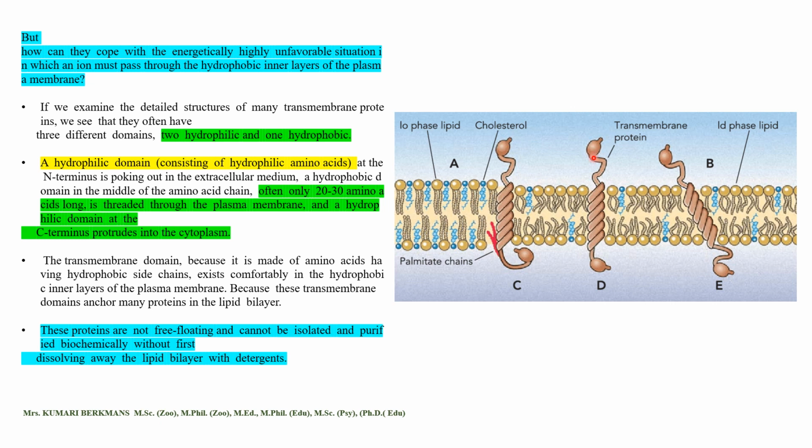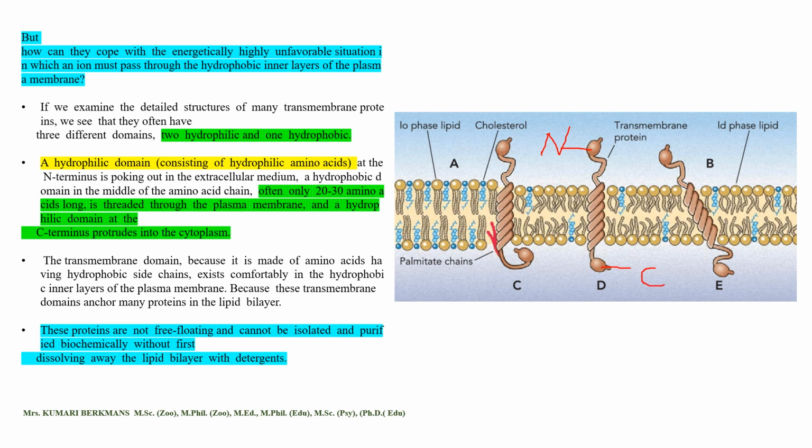A hydrophobic domain in the middle of the amino acid chain, often only 20 to 30 amino acids long, is threaded through the plasma membrane, and a hydrophilic domain at the C terminus protrudes into the cytoplasm. This is the N terminus, and this is the C terminus.